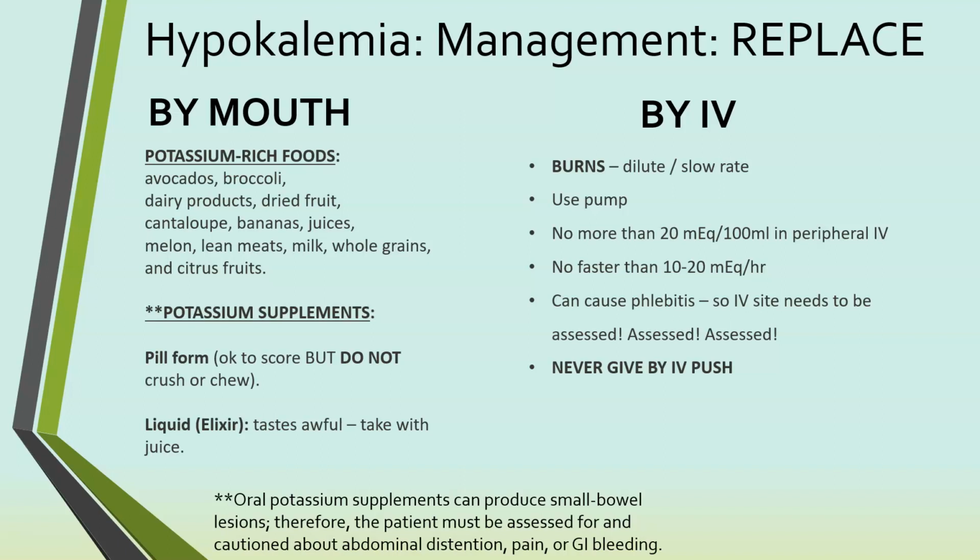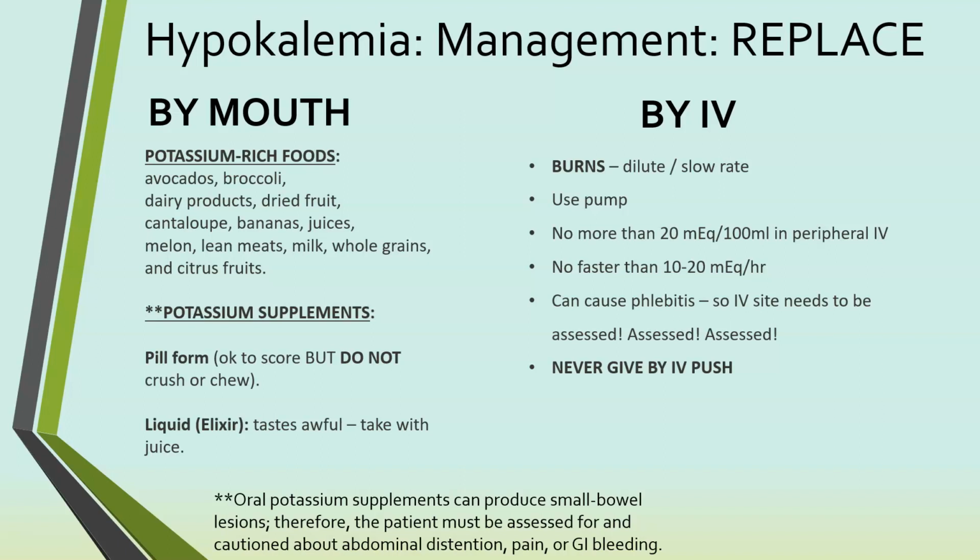Now, replacing potassium by IV, it burns. So if a patient complains about it burning, you want to either have it diluted or slow down the rate. Make sure you use an IV pump. No more than 20 milliequivalents per 100 mL in a peripheral IV, and no faster than 10 to 20 milliequivalents per hour.